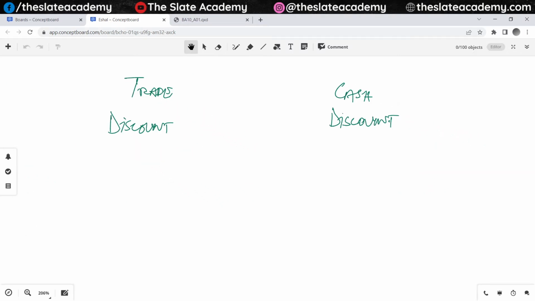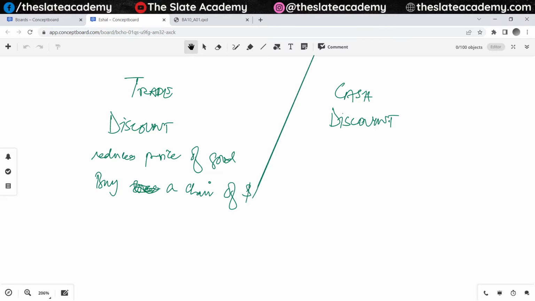Trade discount is the one which reduces the price of the good. So for example, I buy something, let's say I buy a chair of $100 at 10% trade discount.